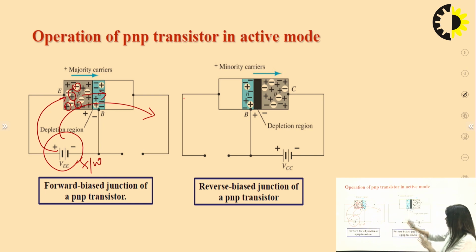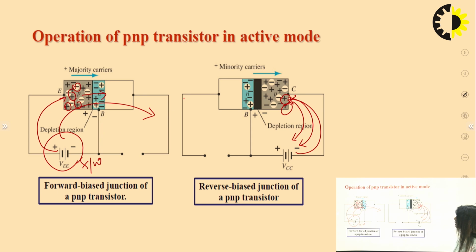Now coming to the reverse biasing. Here the negative is applied at the P type. Now what is going to happen with this? Obviously the holes are attracted by the negative terminal of the battery, so these holes will move towards the battery, right?